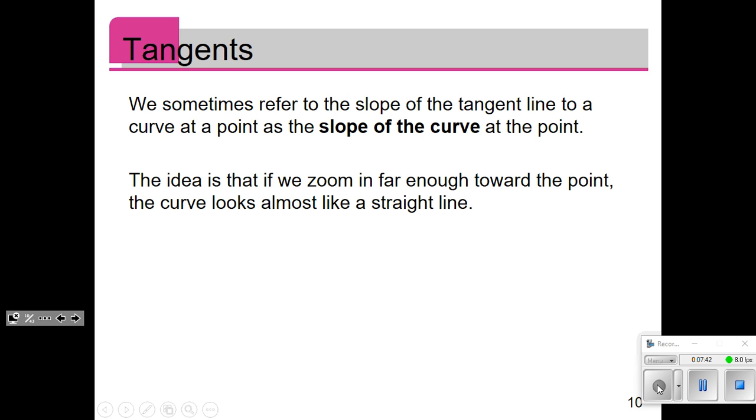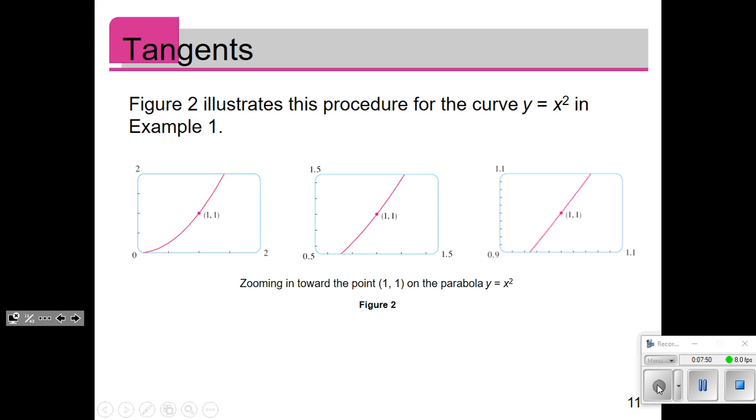We sometimes refer to the slope of the tangent line to the curve at a point as the slope of the curve at that point. So what they're going to do here is zoom in. If we were using Desmos, you can see this curve. This is the x squared curve, and you can see it's curved. Notice here we go by 2s on the x and 2 on the y.